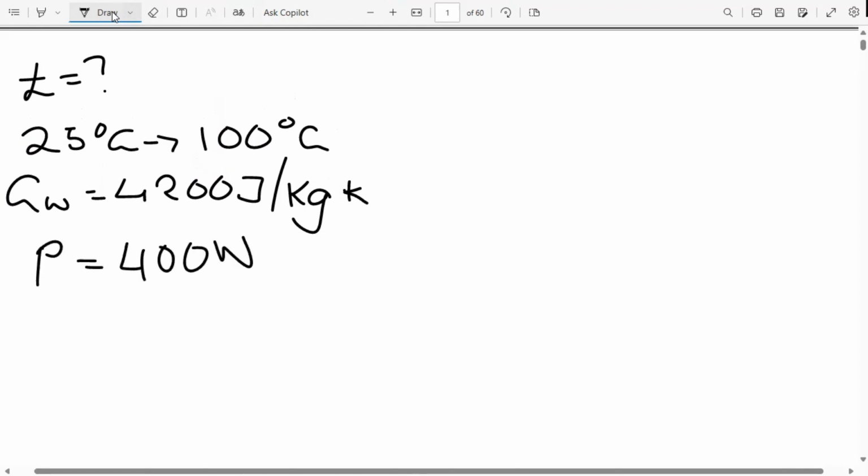This is the data that we've been given, and we're supposed to calculate the time it's going to take to heat this water from 25 degrees Celsius to 100 degrees Celsius.